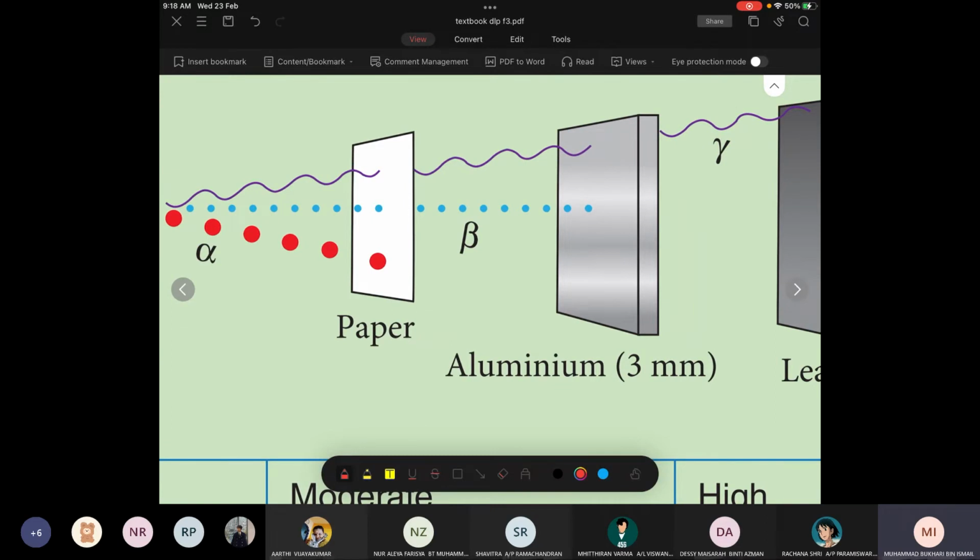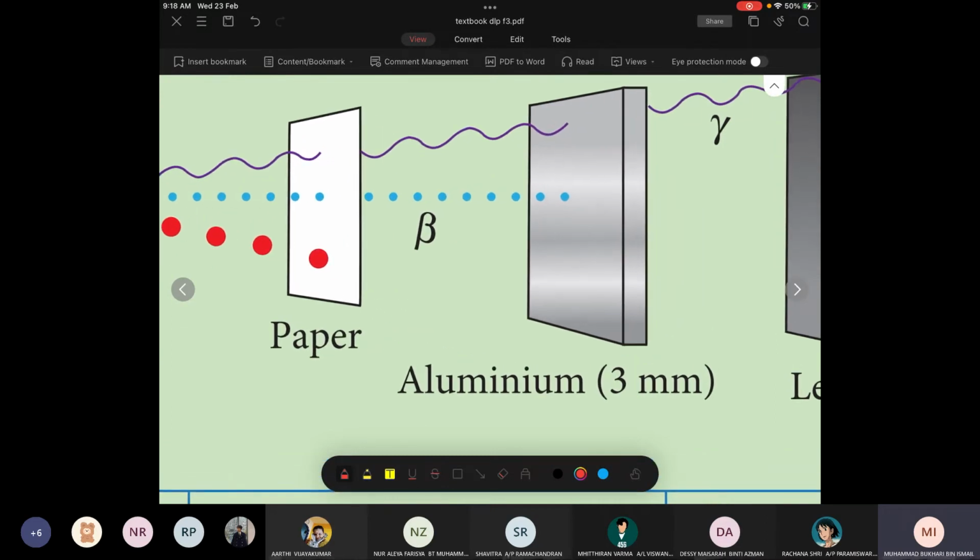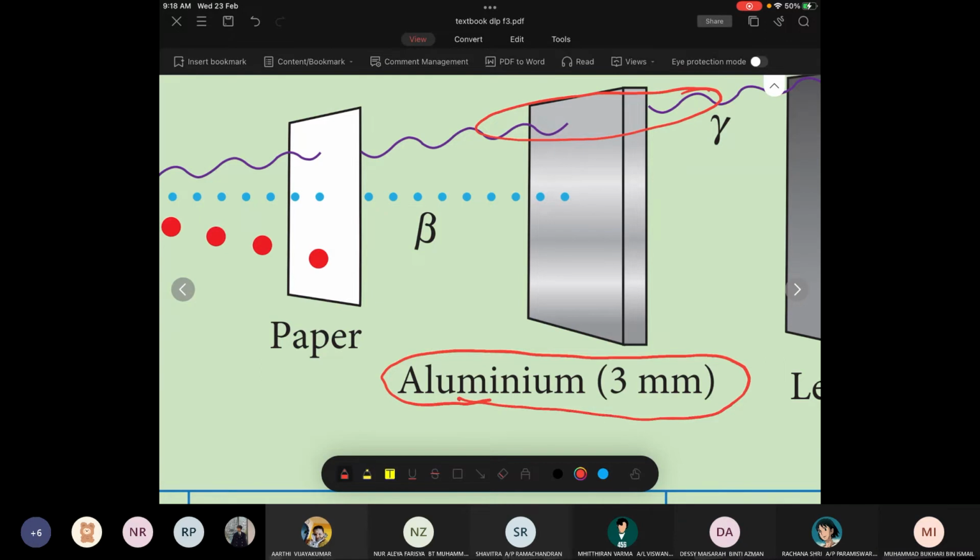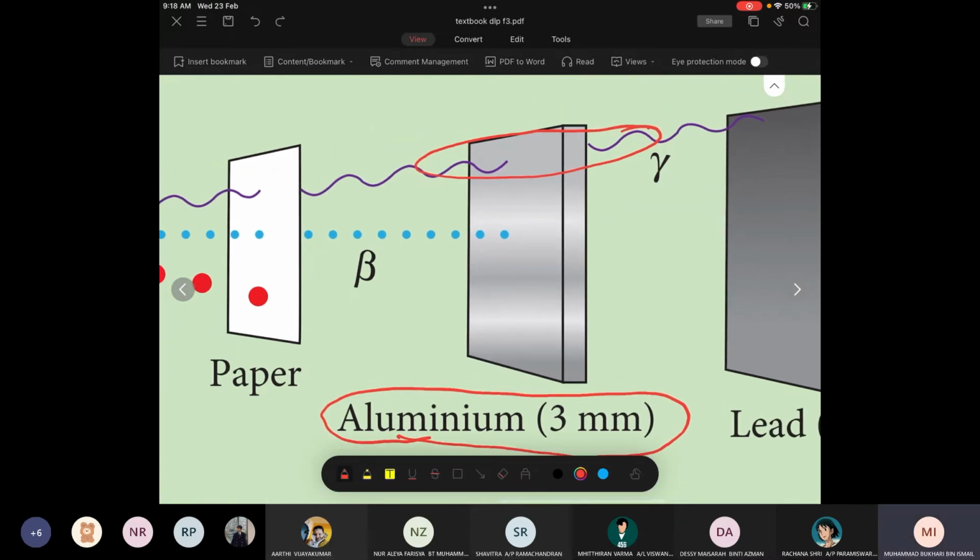Beta will be stopped by 3mm of aluminum. But from here you can see that gamma ray can still pass through aluminum. Okay, understand?